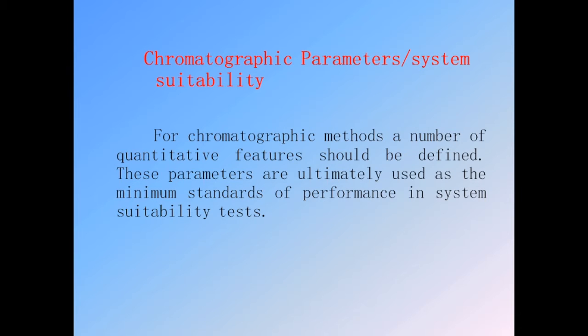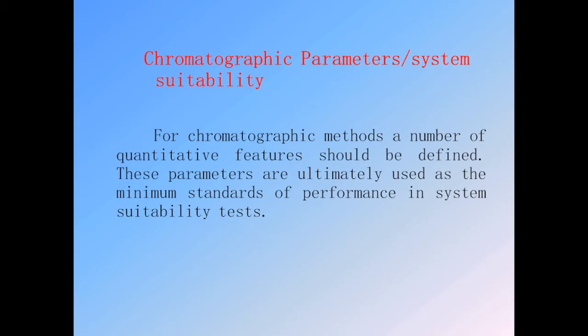Next, chromatographic parameters and system suitability. For chromatographic methods, a number of quantitative features should be defined. These parameters are ultimately used as the minimum standard of performance in the system suitability test.